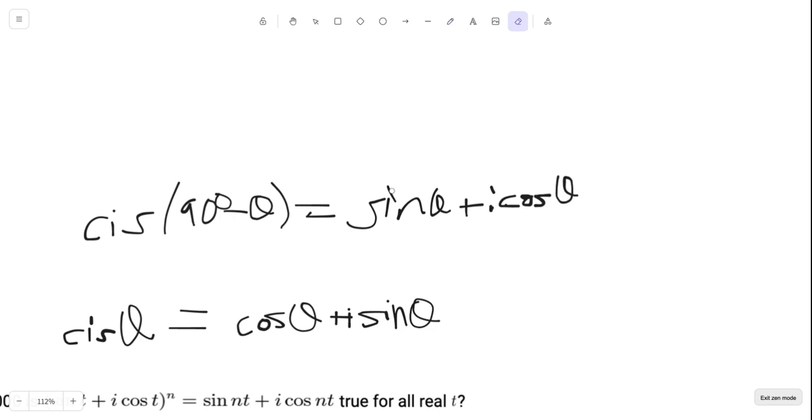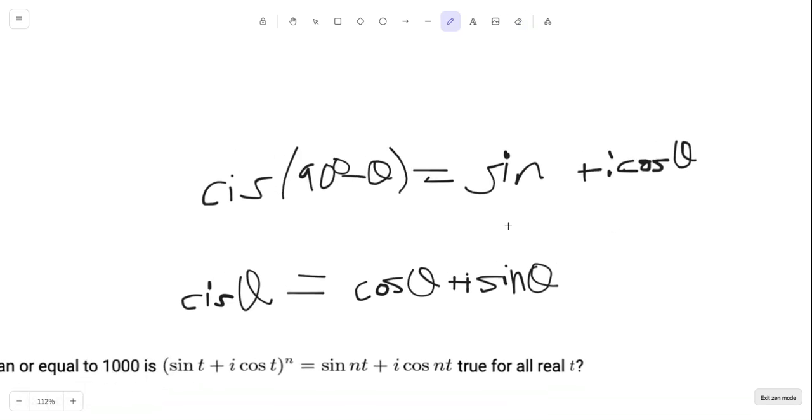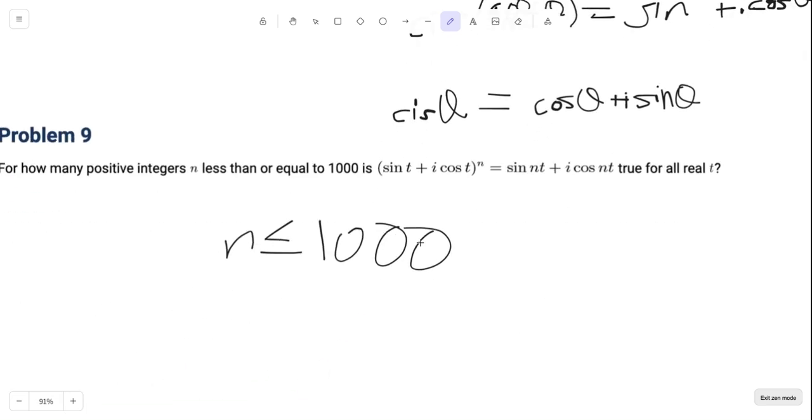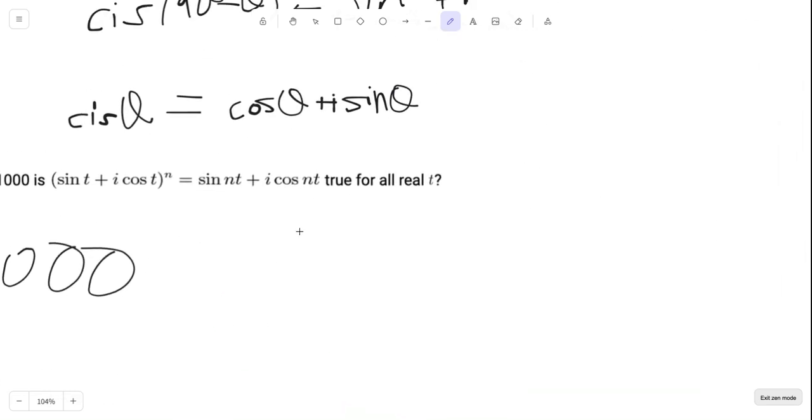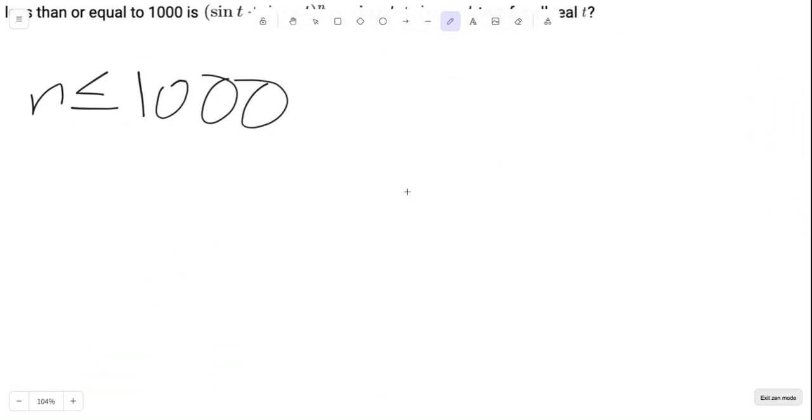So now that we found how to get to this form, we can use this and solve.